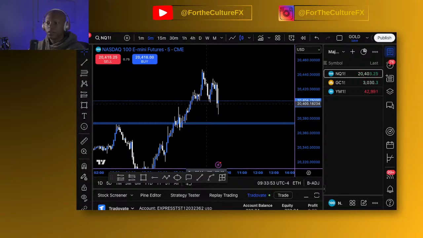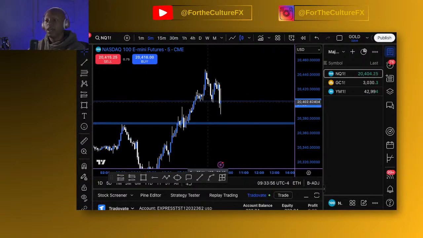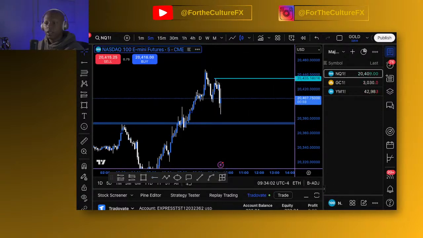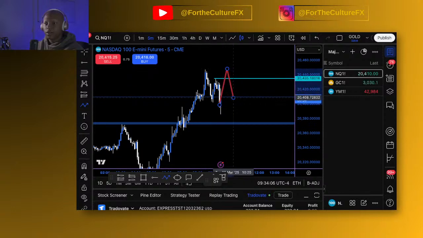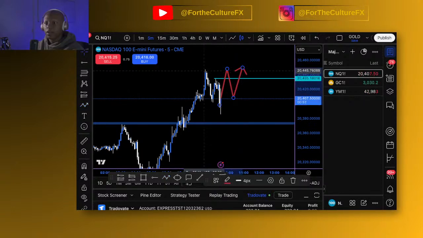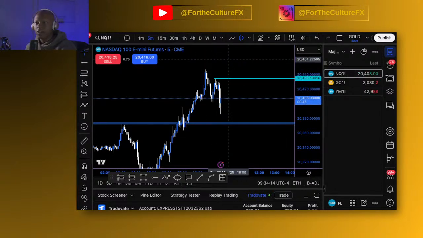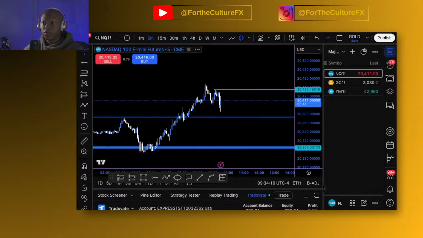So in order for this to be a viable entry for me, to take a possible buy, this high has to get swept here, and then price would need to then come back down and correct into this area here for then a continuation, and I'll look to sweep the high or whatever the high is that's created if we get a break above this 5-minute high here. Just looking for that continuation, right?